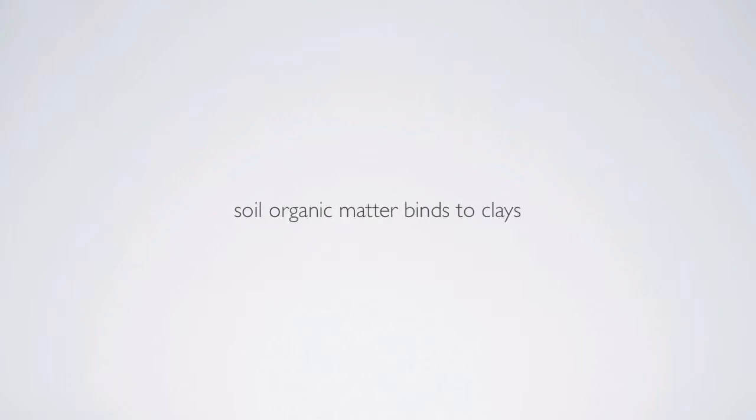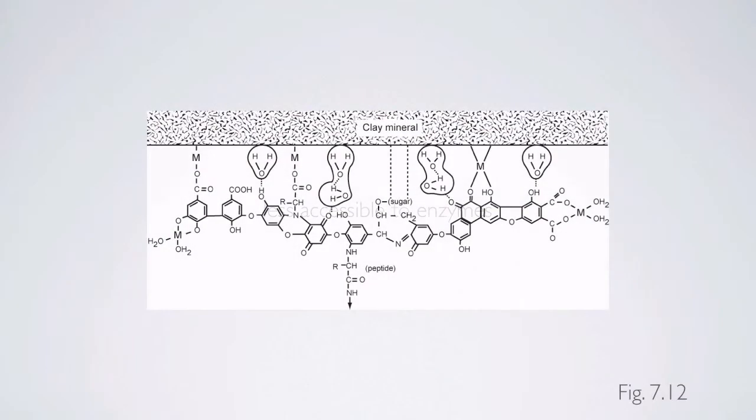The most important part is to know that soil organic matter binds to clays, and that clay binding makes that soil organic matter less accessible to enzymes. So when you have clays and soil organic matter that come together, enzymes have a much harder time accessing that organic matter and breaking it apart.